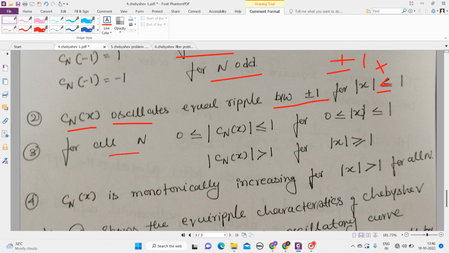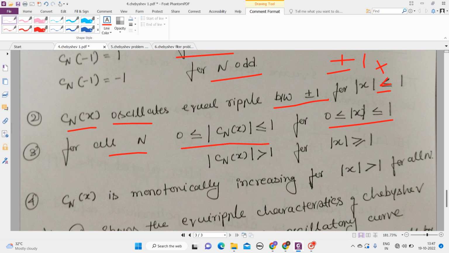This holds for all n, meaning for all orders of the filter, even and odd. If x lies between 0 and 1, then Cn of x lies between 0 and 1.